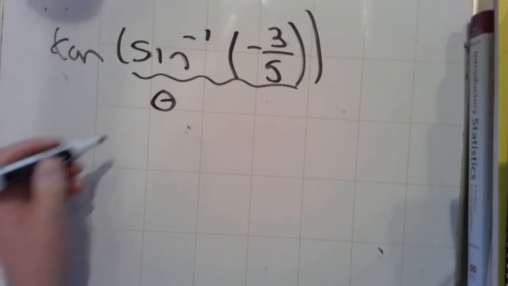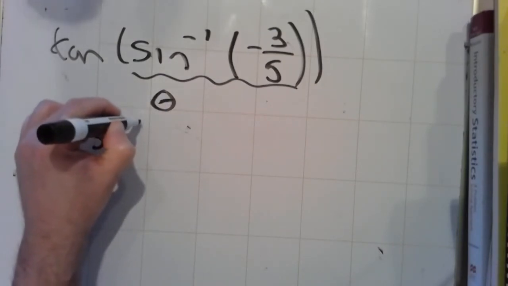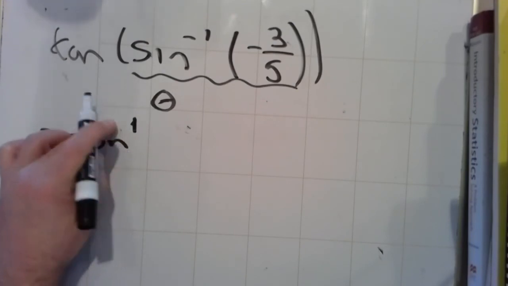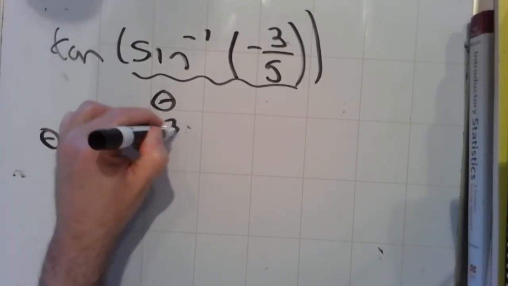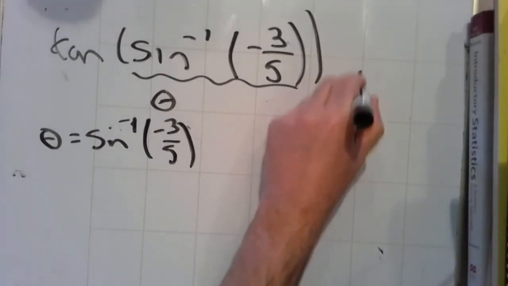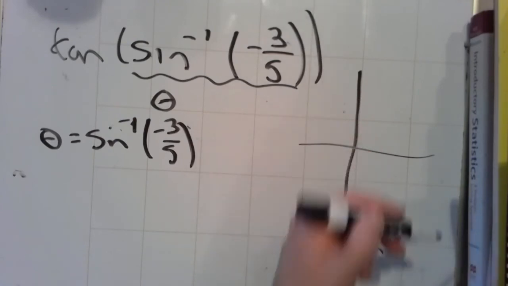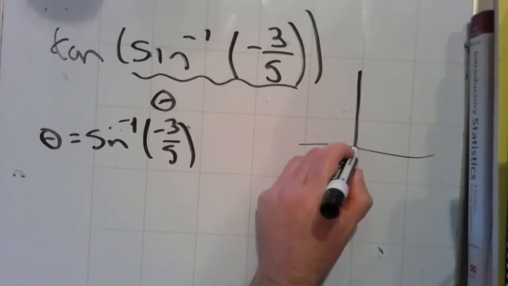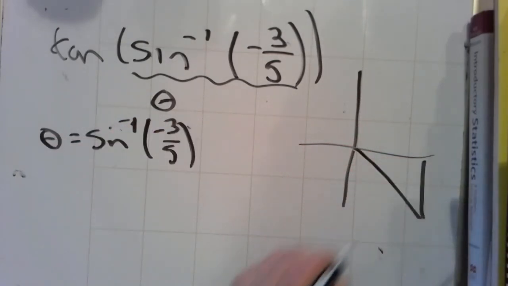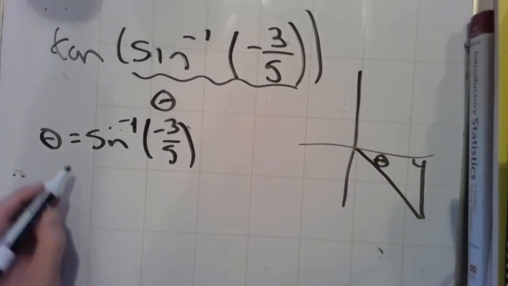Give that a name. So theta is the inverse sine of negative 3/5. Arc sine, inverse sine, only spits out angles in quadrants 1 and 4. Because that's a negative, we know we're in quadrant 4. So here's my angle theta. It lives in quadrant 4.